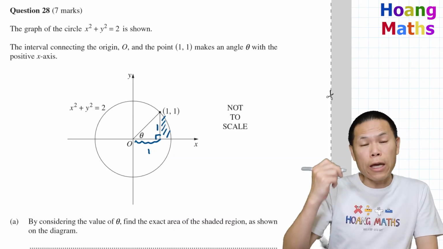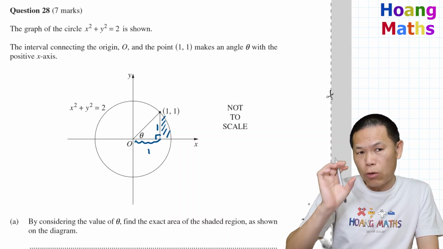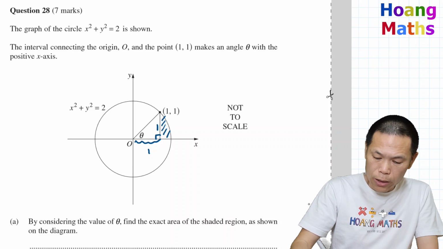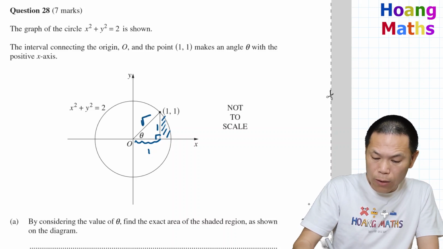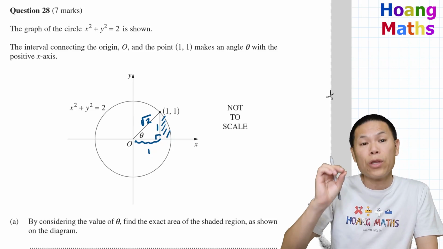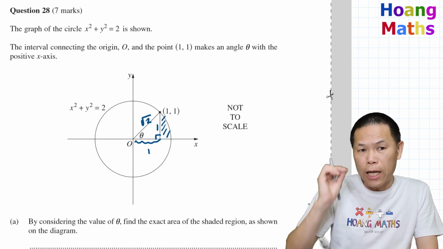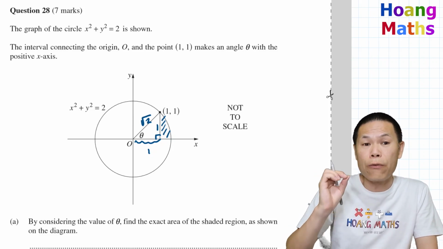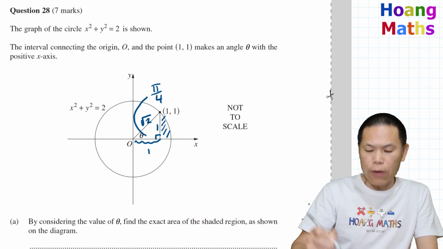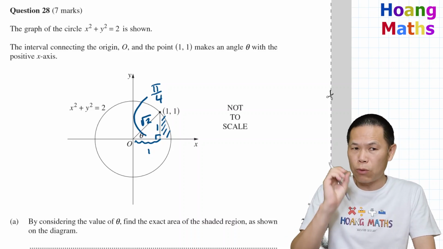Then we can find the radius of the circle by using Pythagoras' theorem. So 1 squared plus 1 squared is 2, so the radius here is root 2. Because it is an isosceles right angle triangle, angle theta must be 45 degrees or pi over 4. Okay, 45 degrees, pi over 4, because we have to deal with radians.